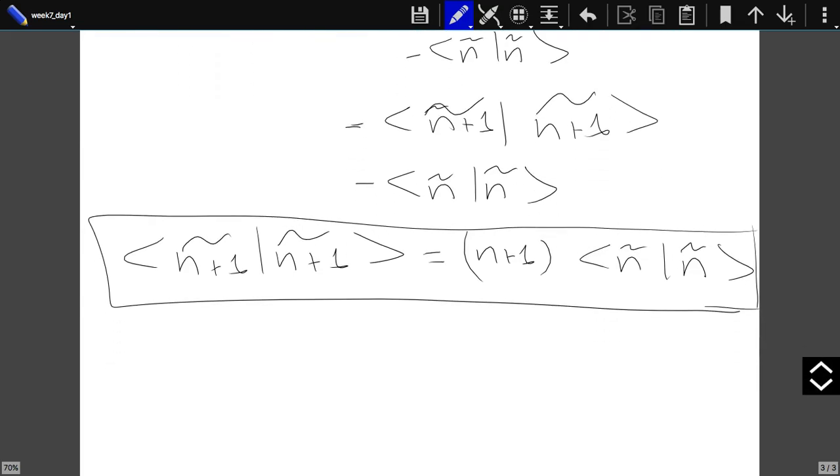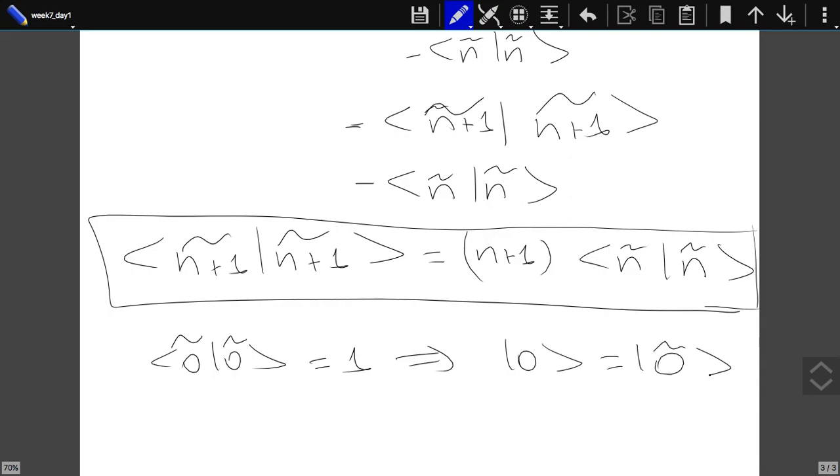So let me start with the ground state. I will define the ground state to be properly normalized. Let me put the tildes. So the ground state is properly normalized. That's my choice. Since it's properly normalized, I will just define the zero state as the zero tilde state. So up to this point, I didn't really worry about the normalization.